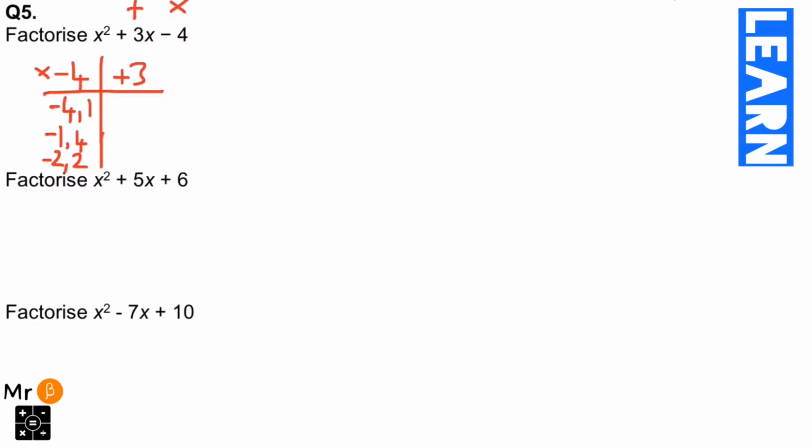Well, -4 plus 1 is -3, so that doesn't work. -1 plus 4 gives you +3, that does work. Let's just rule out this last one. -2 plus 2 is 0. So now we can write in our two answers, and we have fully factorised into our double brackets.